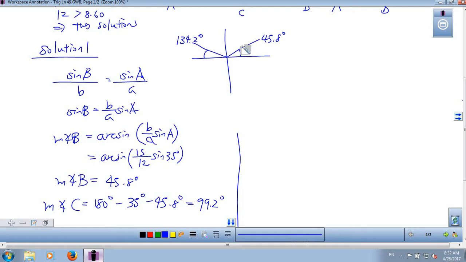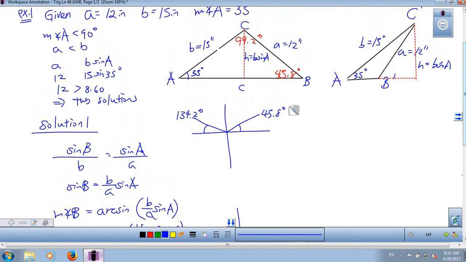Now those two angles have the exact same sine value, but one of them is in the first quadrant, one of them is in the second quadrant. So when we do solution 2, we know that B prime has the same sine value as B, but it is an obtuse angle, which just means it's in quadrant 2.